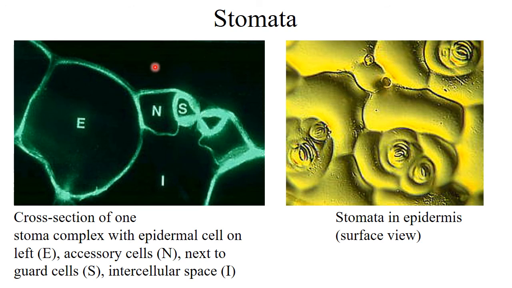So this here is the outside of the leaf, the atmosphere. And this area I is the intercellular space, so basically air pockets just inside the stomata. So it's the difference in water potential between this intercellular space and the atmosphere that's going to determine, when the stomata are open, the rate of evaporation through this stomata, the rate of water loss.